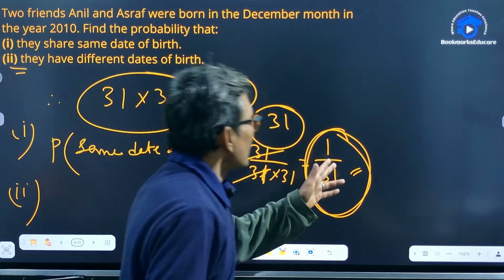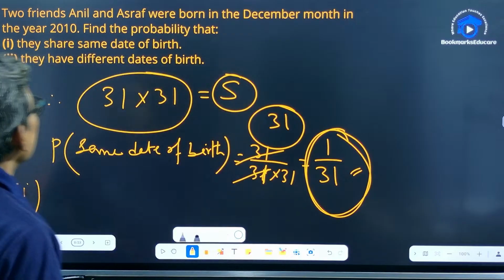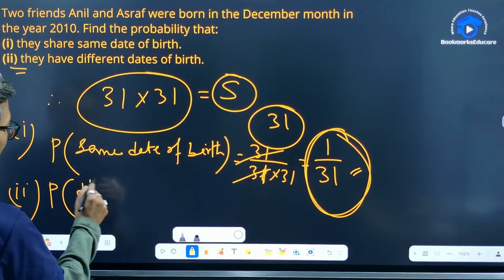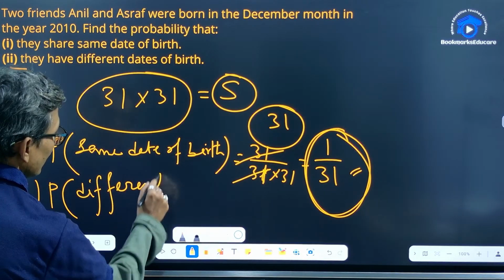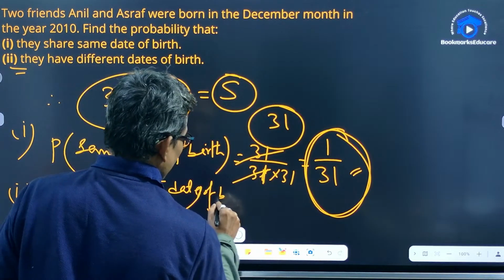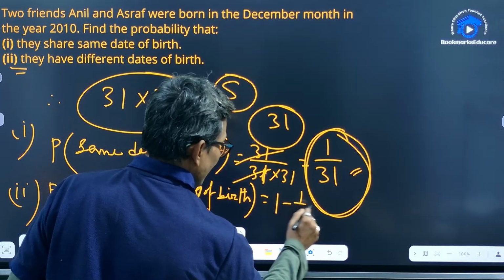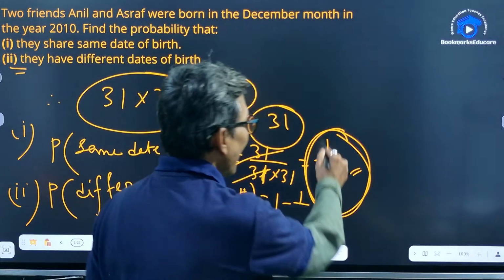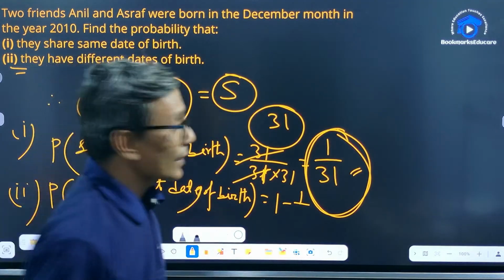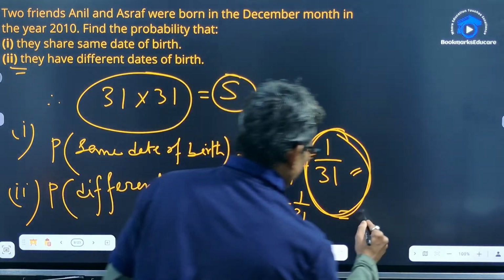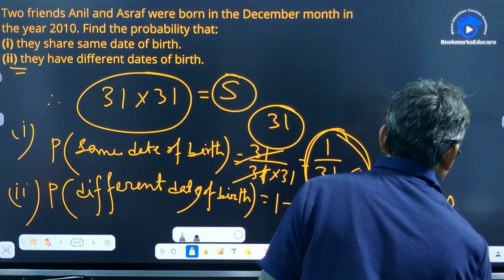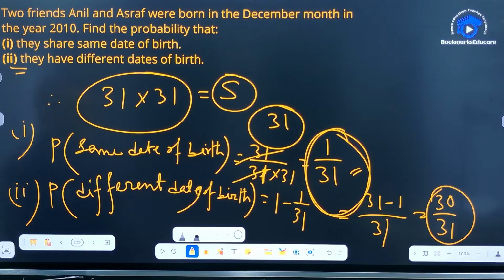So the probability of different dates of birth is 1 minus 1 by 31, which is 30 by 31. Okay, so this is the required answer.